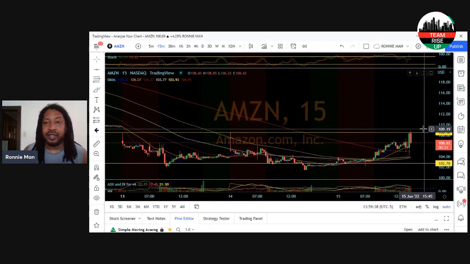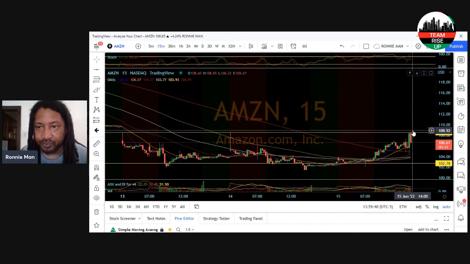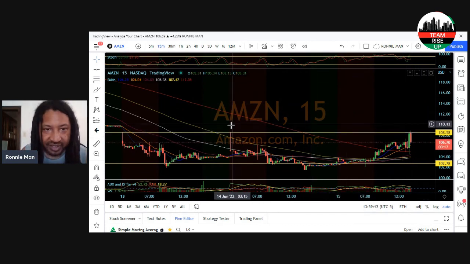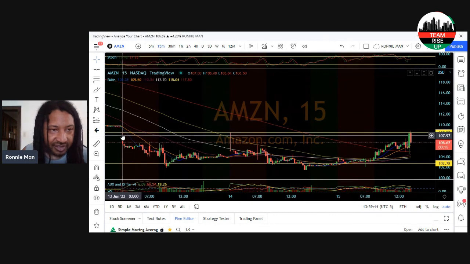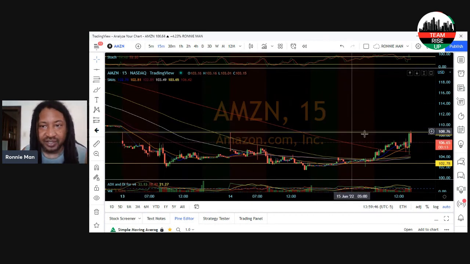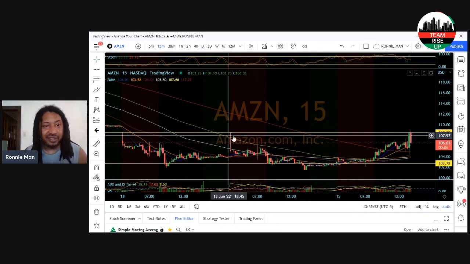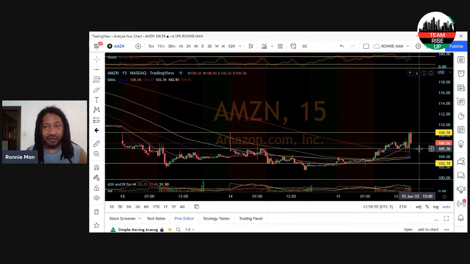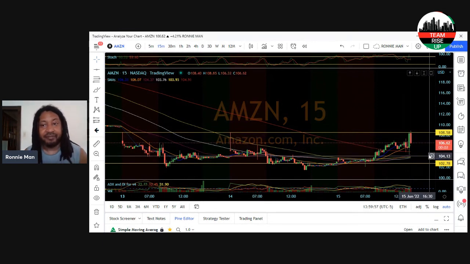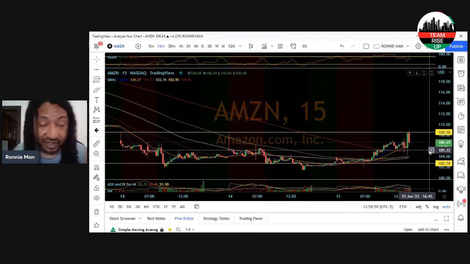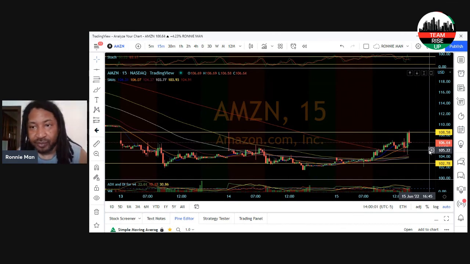Now, the good news is it did take out these other resistance levels, so there's a good chance that it will break out. Now, had it not taken out these levels here and reversed sharply like that, then we're going to the downside, buddy.